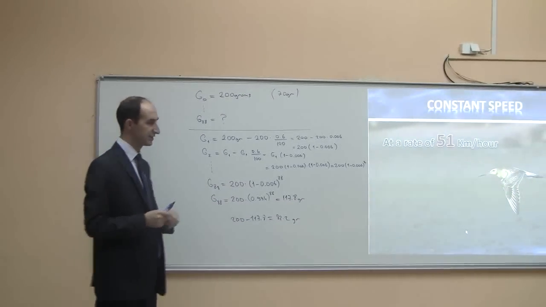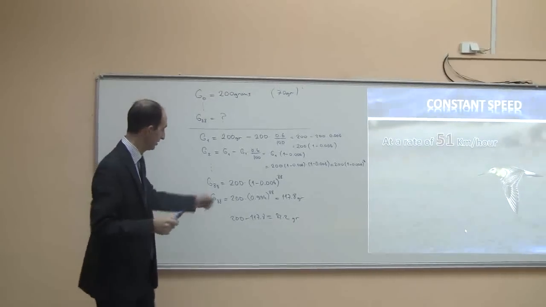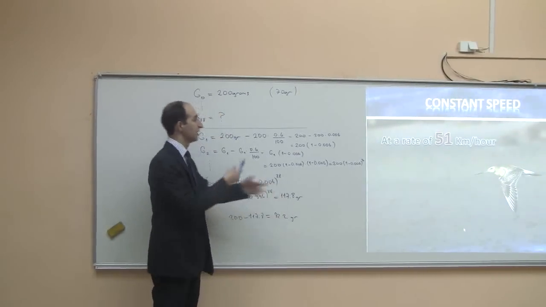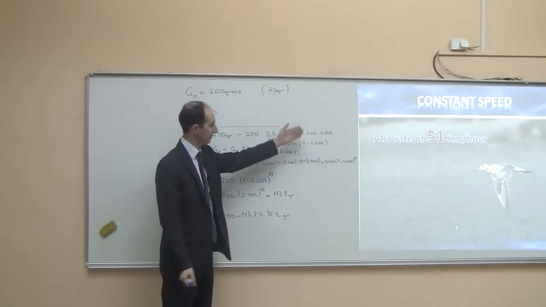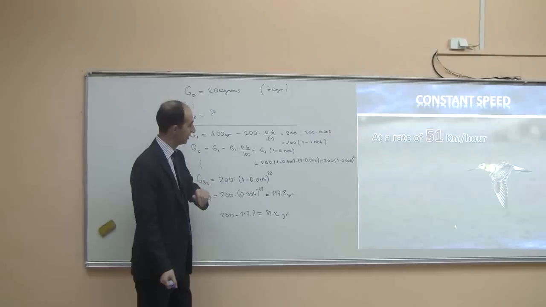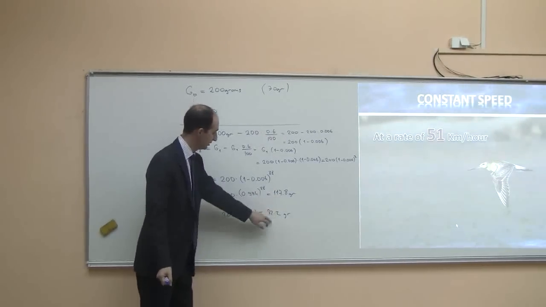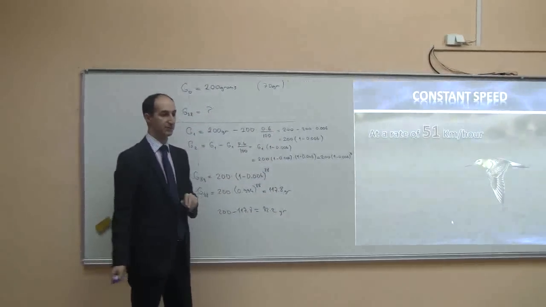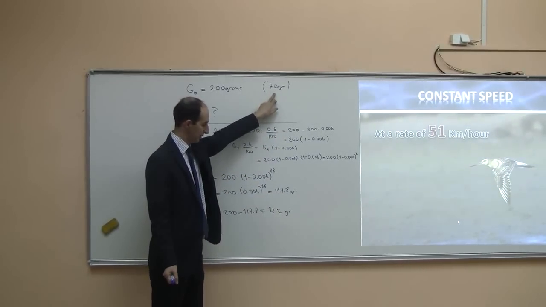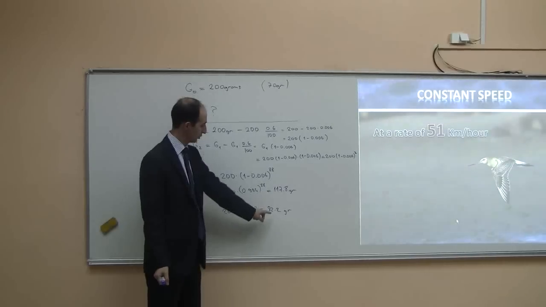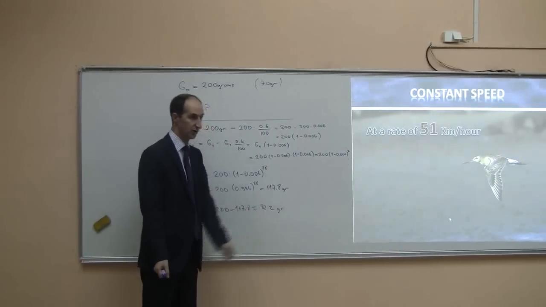But unfortunately, it's not enough. Yes, of course, it will gain some more energy, decrease the energy consumed, but we have a 12.2 gram difference. We have 70 grams, but this bird should consume 82.2 grams.